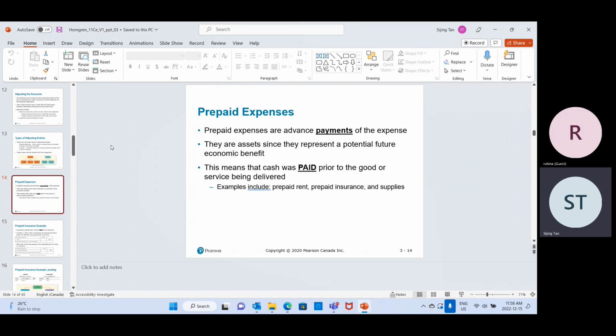The examples we'll be using in our textbook are supplies, I believe, or prepaid insurance as well, because it's such a common situation, right? When you purchase car insurance, not for personal use but for business, sometimes they spend a one-time payment for insurance for a whole year.